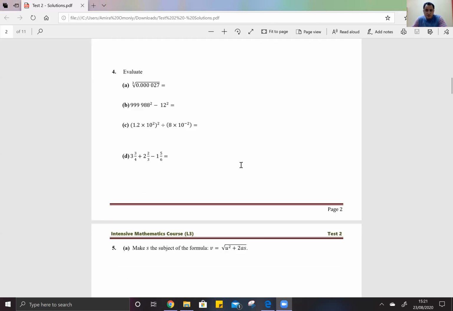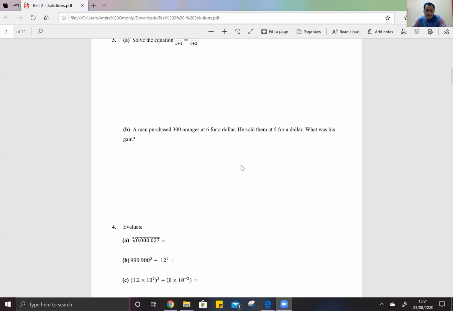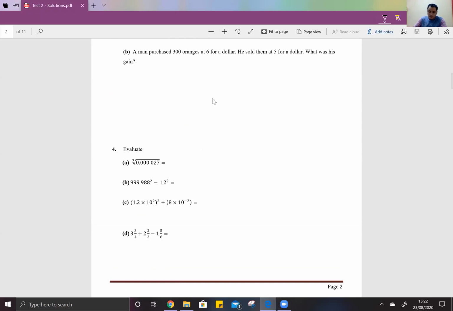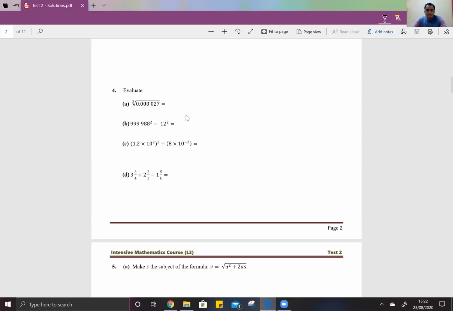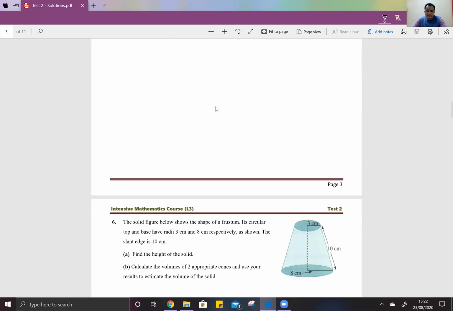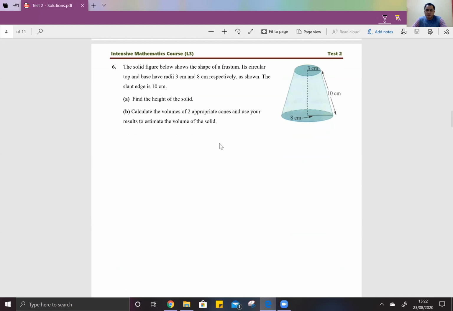Can you go to 3B? What is 3B? Okay, 3B is done. About 5A. Okay, that's also done. Question 6. All right. Can you zoom in a little bit?